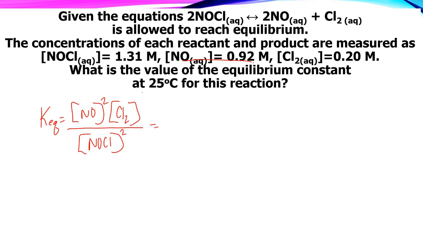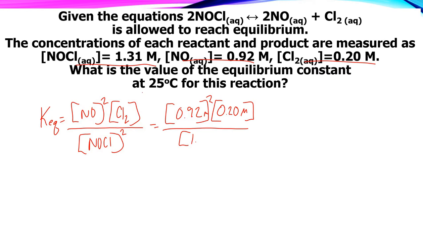So my NO right here is 0.92. I'm going to square that. My Cl2 is right here, 0.20 molar. I can put molars in there. It's not squared, divided by my concentration of NOCl, which is 1.31 molar, and it is squared. Okay? Now, we'll plug that in our calculator, and we're going to get an answer. So, if you haven't got a calculator, some up here.